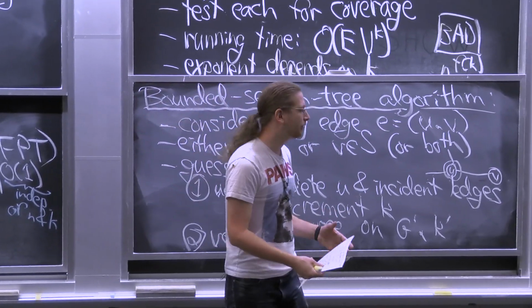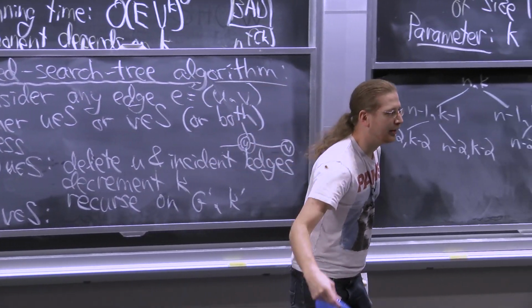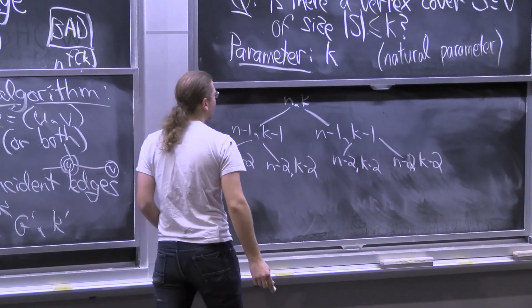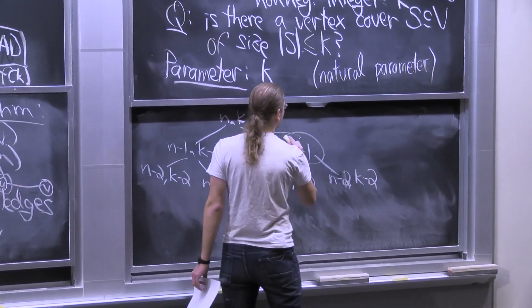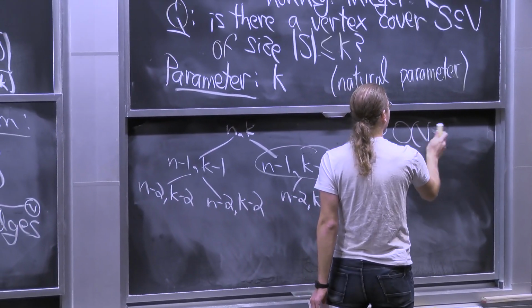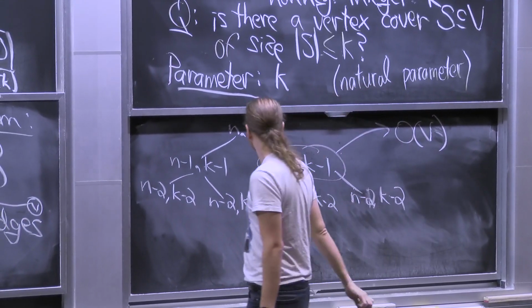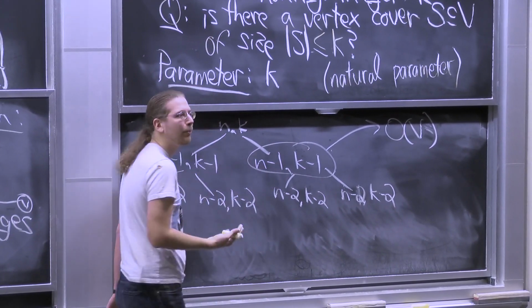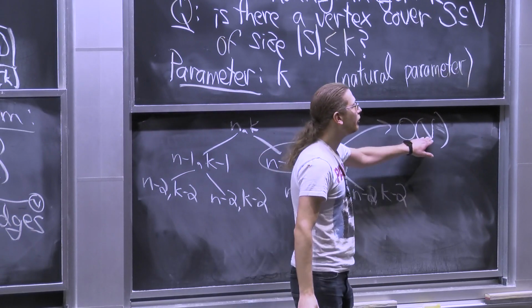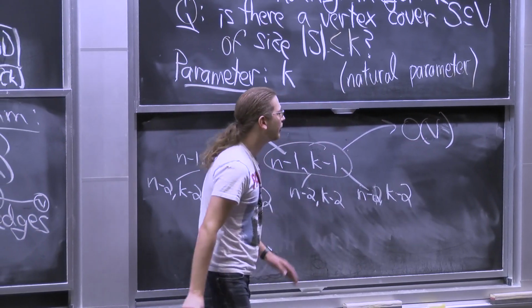Linear time, doesn't really matter how careful we are here, but I will say each of these nodes, we spend at most, let's say, order V time. It happened that V went down by 1 at each of these levels, but certainly an upper bound is the original V. In each of these nodes, we spend at most the original V.